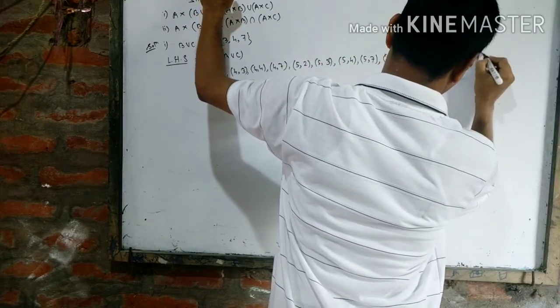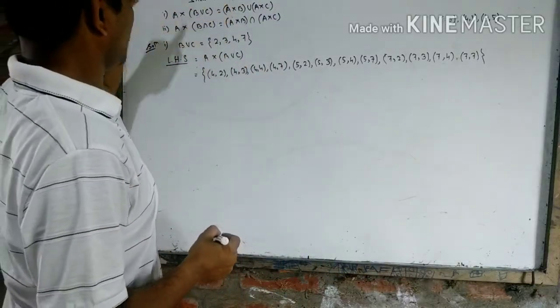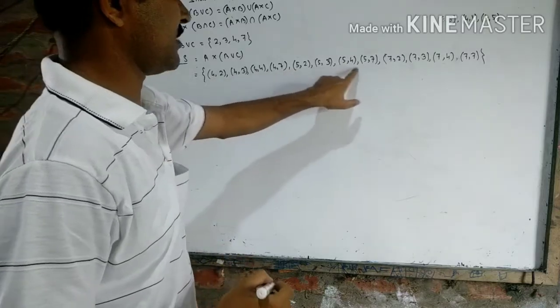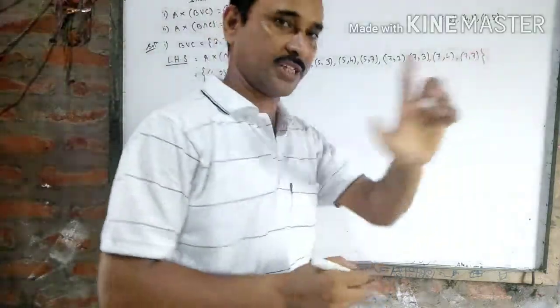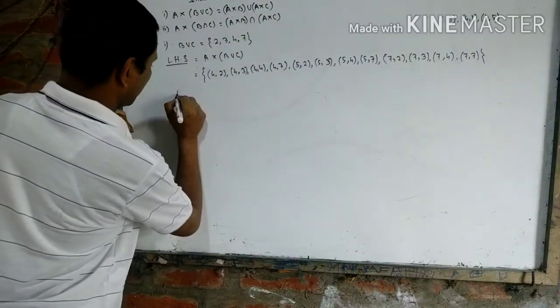So this is our left hand side. How many elements are there? 3 into 4, so 12 elements should be there. 1, 2, 3, 4, 5, 6, 7, 8, 9, 10, 11, 12. Yes, it's correct.